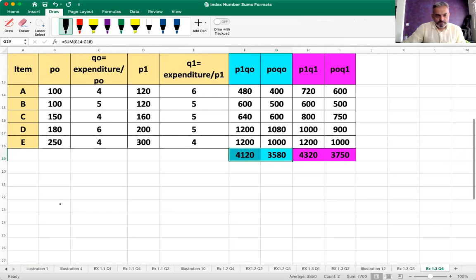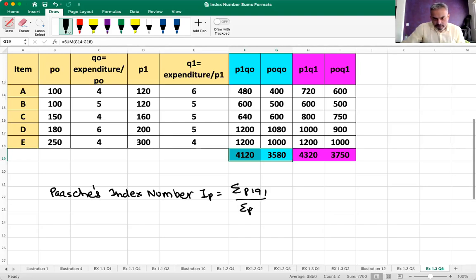Paasche's index number: IP is equal to sigma P1 Q1 upon sigma P0 Q1 into 100.